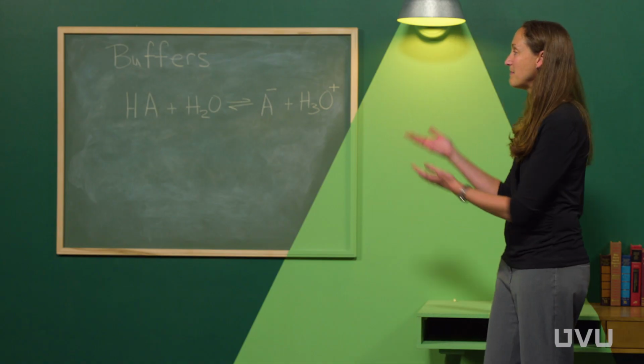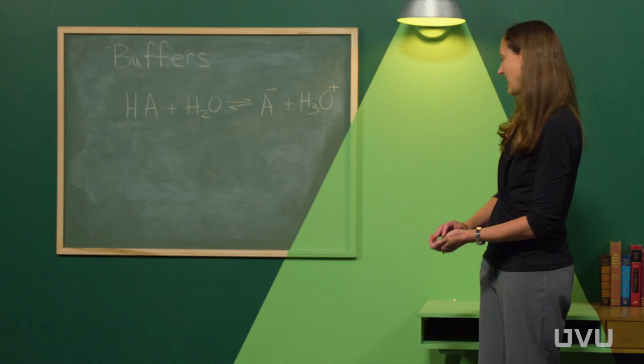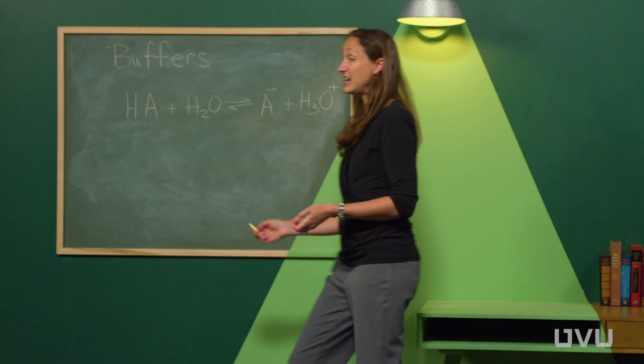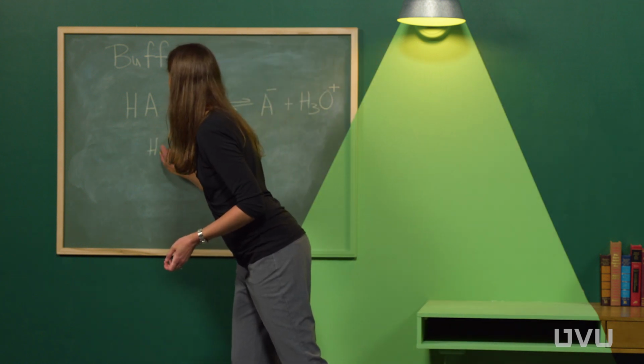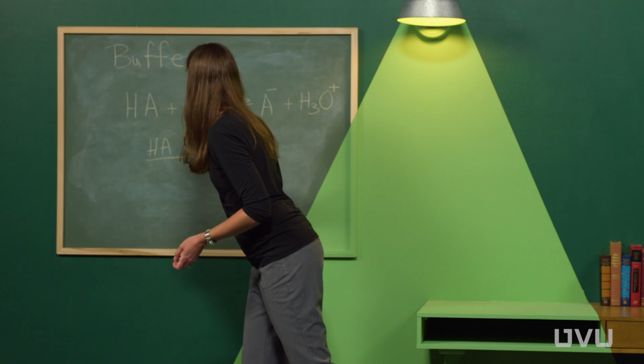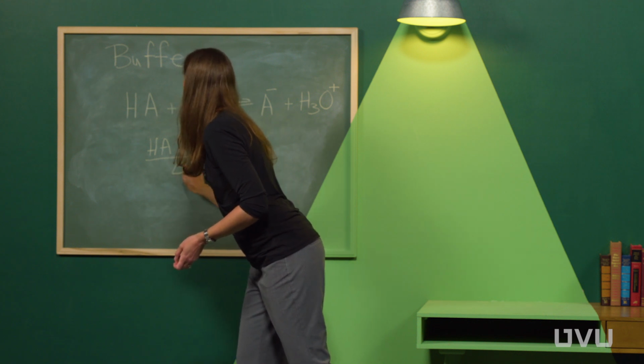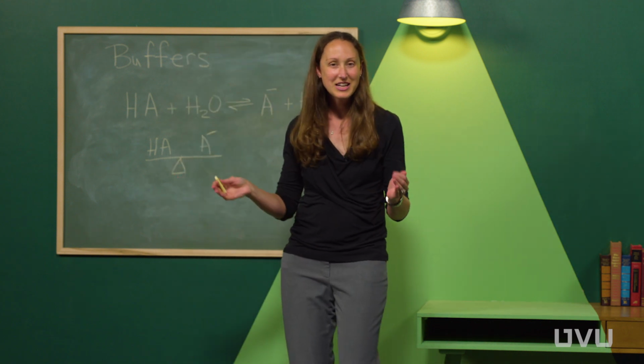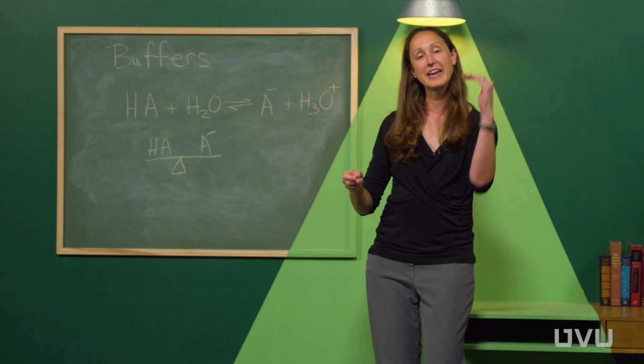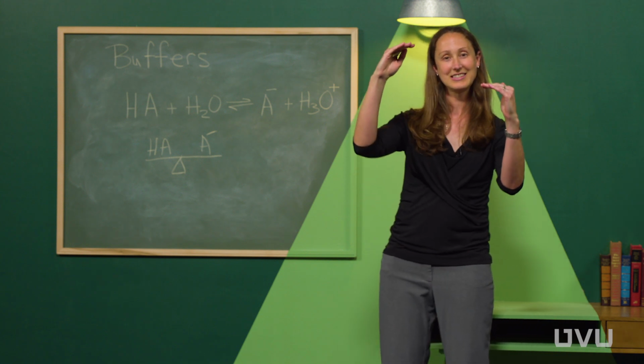So let's talk about perturbing, right? What happens when you mess with a buffer is you add a strong acid or strong base. So if I were to take my system, which contains HA and A-, right now, they're at equilibrium. You can imagine a teeter-totter where I have my acid and my base balanced.